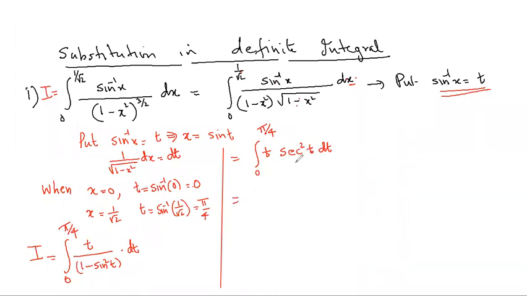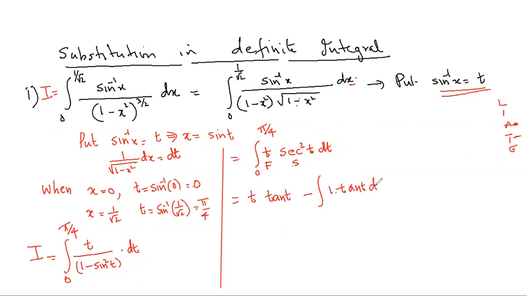Whenever you do the substitution method, not only substitute, but also change the limit. Now, trigonometric is the second function, LIATE. Algebraic is before trigonometric, so algebraic is first, trigonometric is second. So first into the integral of sec square t, I'm writing directly tan t, minus integral of the derivative of t, which is 1, into the integral of sec square t, tan t dt.